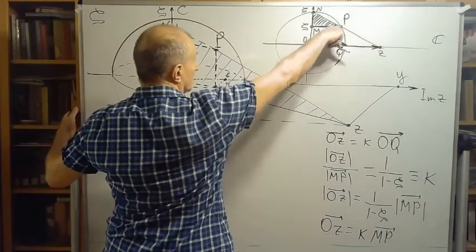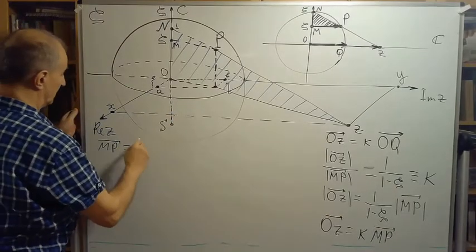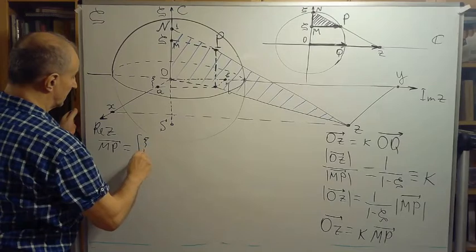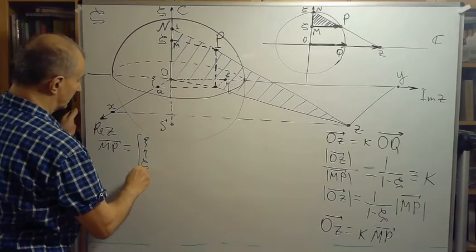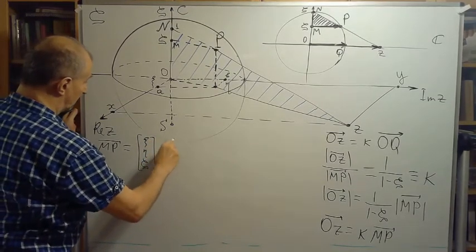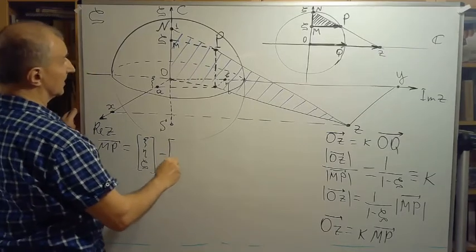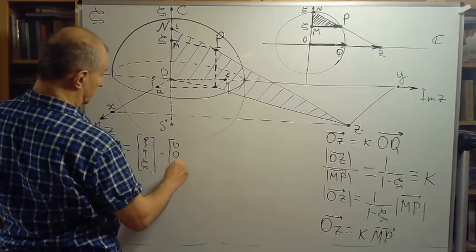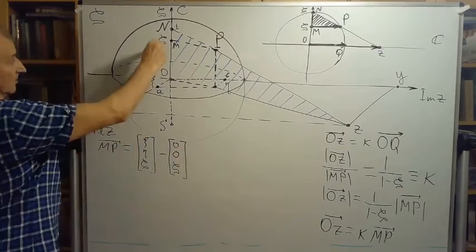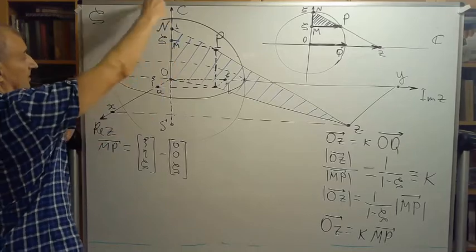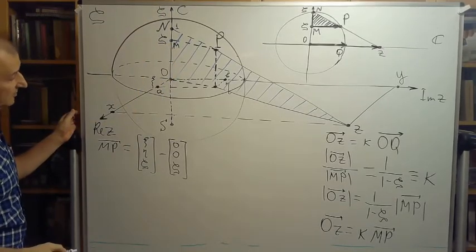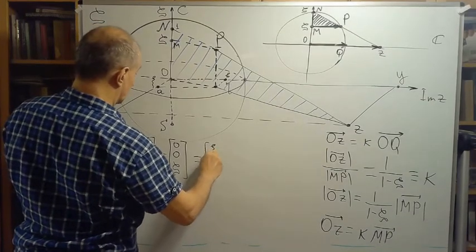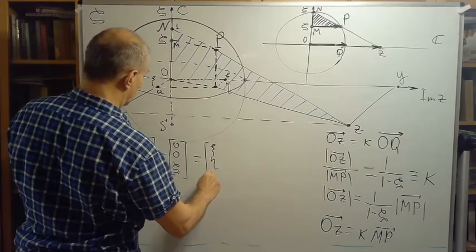So the coordinates of point P minus coordinates of point M. So it will be the coordinates of point P psi, eta, zeta minus the coordinates of point M 0, 0, zeta. That's the coordinates of point M, yes? It's located on the vertical axis above the origin. So it will be psi, eta, 0.